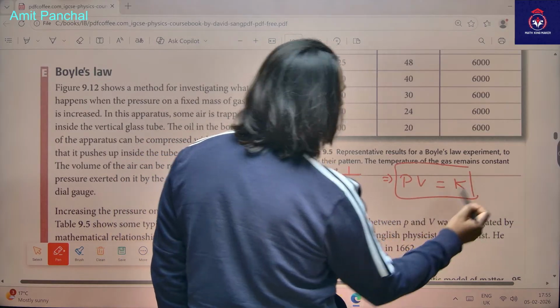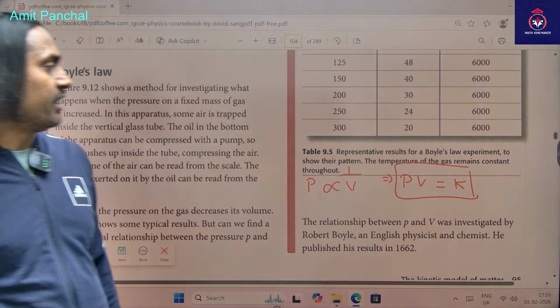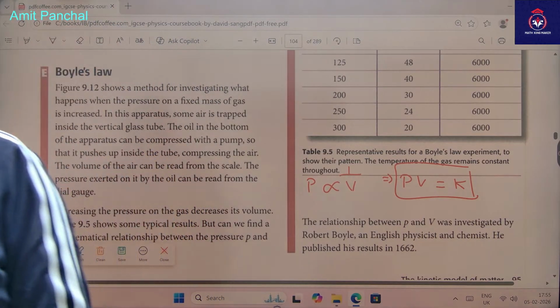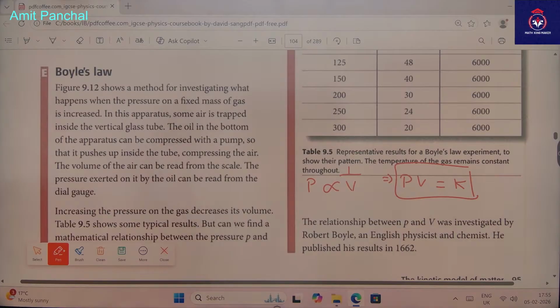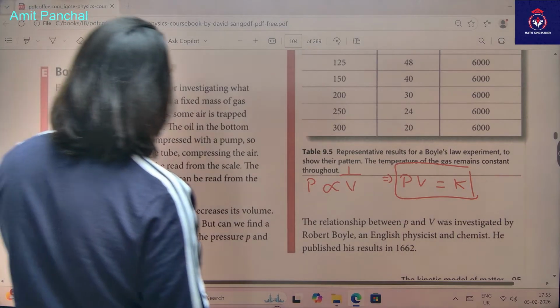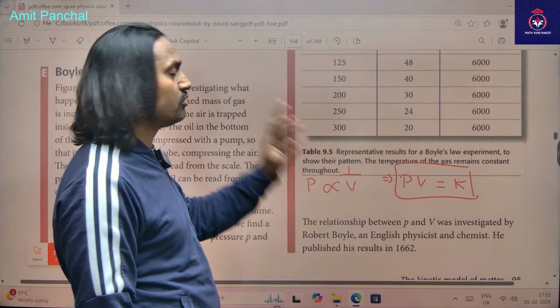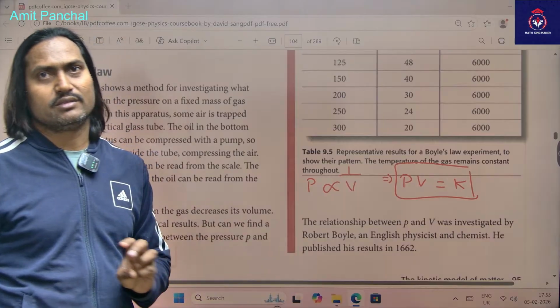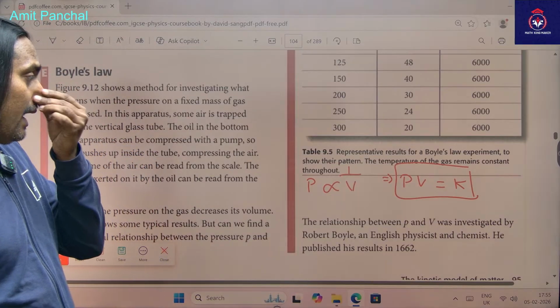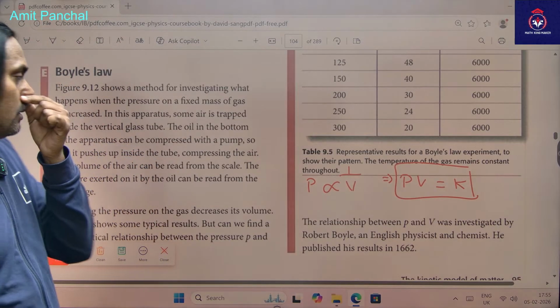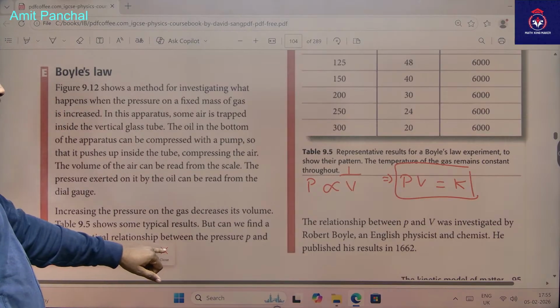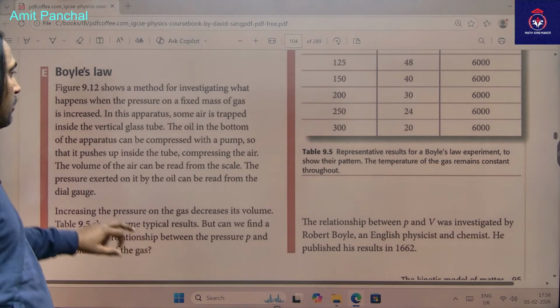That law is said to be Boyle's law: at a constant temperature, the pressure of a gas is inversely proportional to the volume of the gas. But at a constant temperature. Got it? Yes, sir.